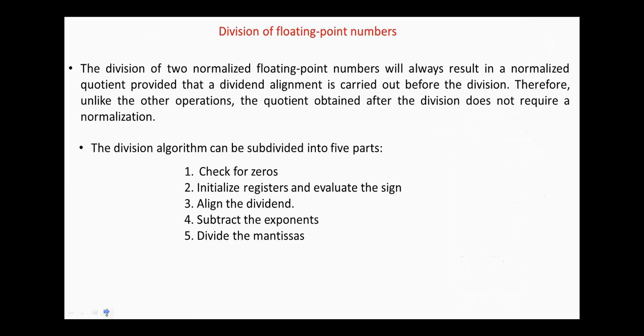Regarding division, floating point division requires that the exponents be subtracted and the mantissas divided. The division algorithm can be divided into 5 parts: check for zeros, initialize the registers and evaluate the sign, align the dividend, subtract the exponents, and divide the mantissas.